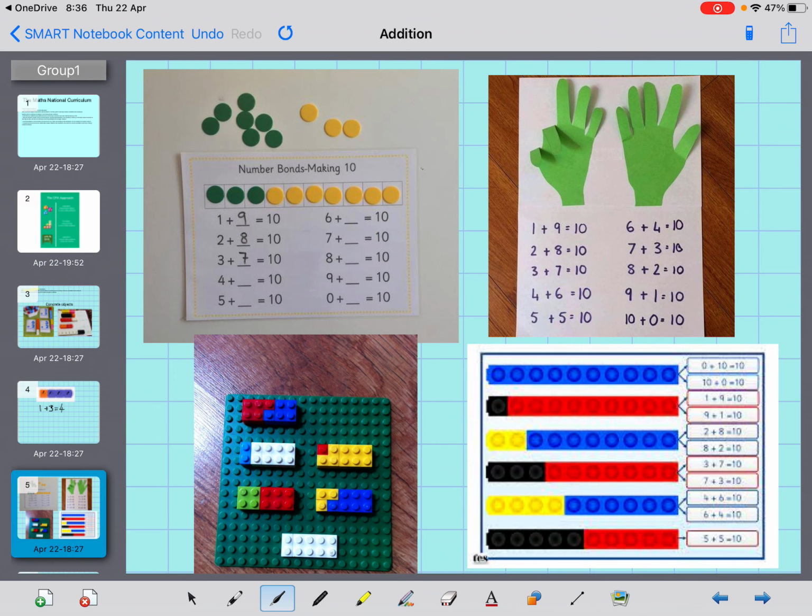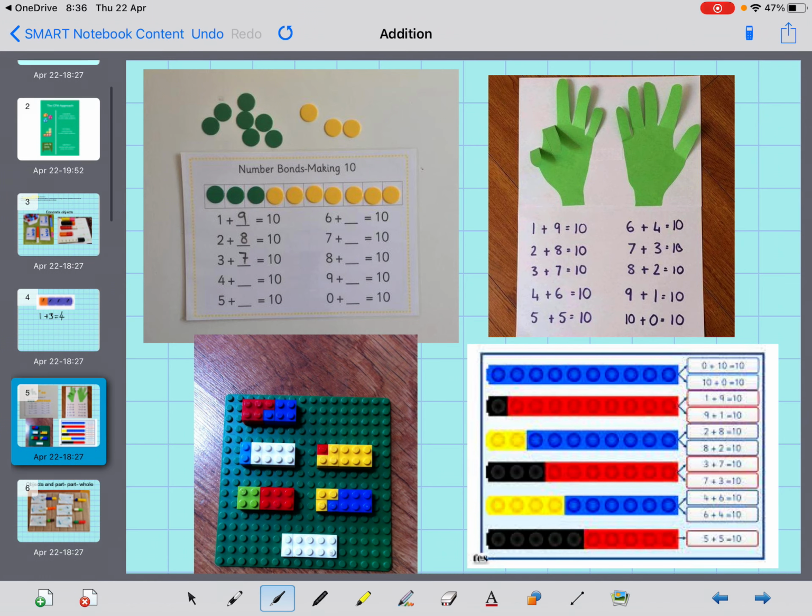Again, here are some different ways of showing concrete objects to work out different addition sentences. So we have counters to make number bonds to 10. We have Lego bricks to make number bonds to 10. We have hands where the fingers can flap up and down to use or make number bonds to 10.